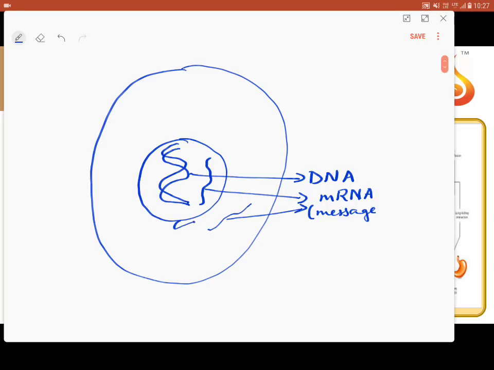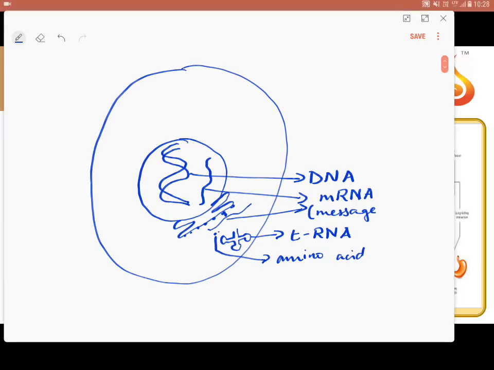Outside the nucleus, you have the endoplasmic reticulum which has ribosomes. On these ribosomes, the mRNA sits. With the help of tRNA, which is another type of RNA, it transfers the amino acid to this position. What is this? This is an amino acid.